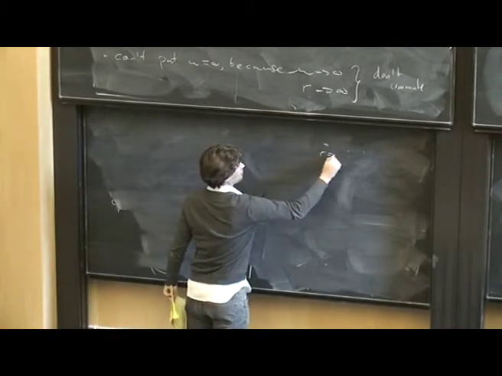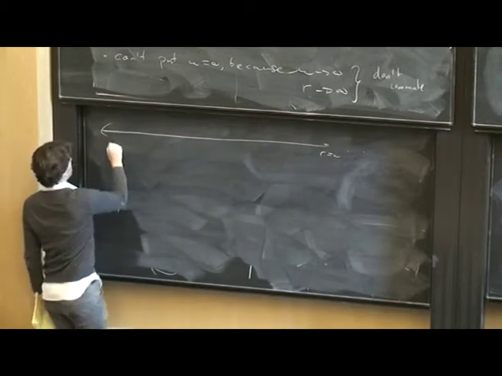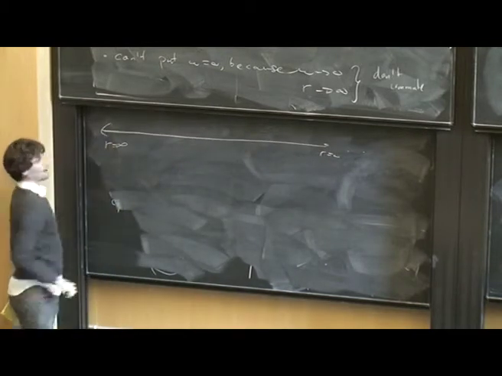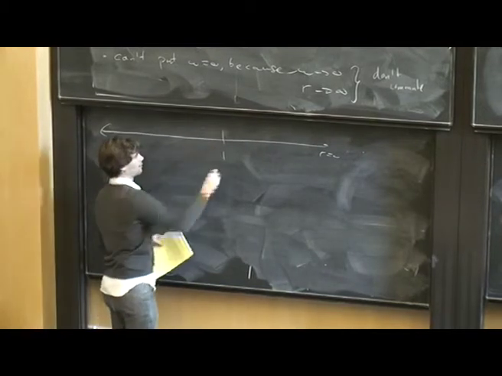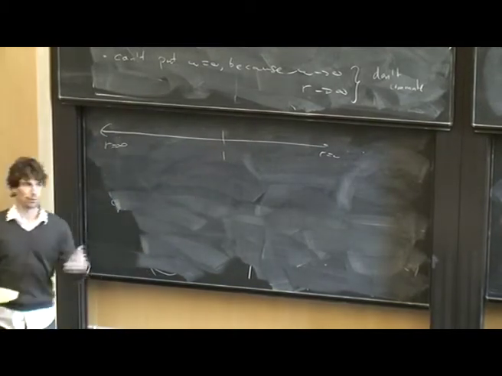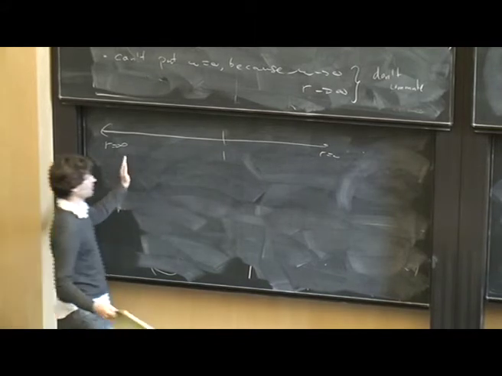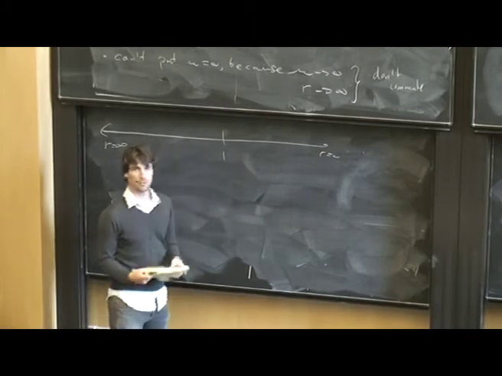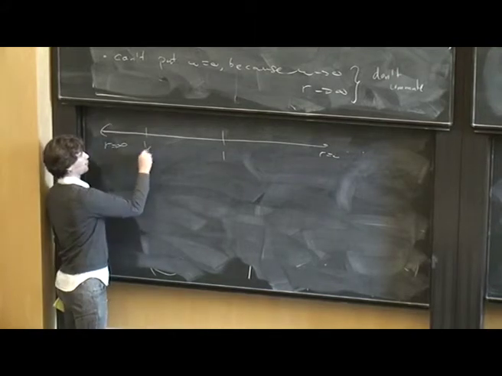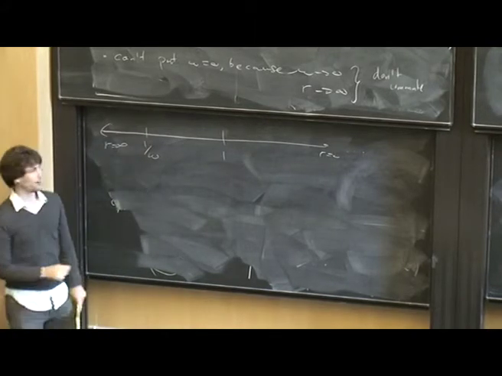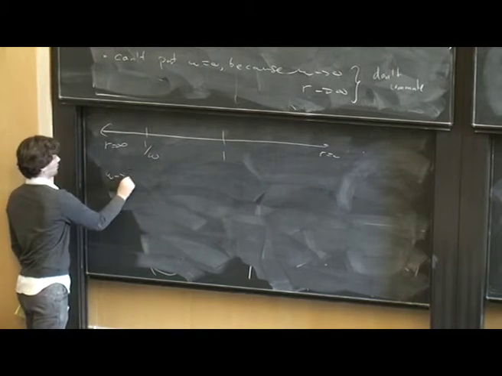This is r equals 0. So r goes to infinity. And let's call this 1. That's the chemical potential. It's some scale in the background. And then there's another scale, let's put it here, which is 1 over omega, because omega is very small. Omega is going to 0.